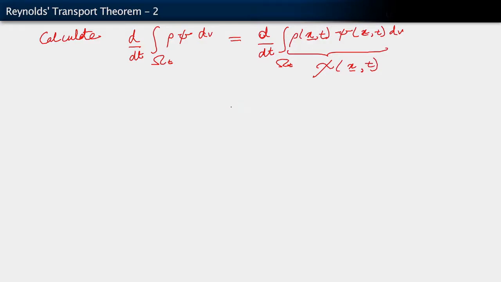What this tells us is that the quantity we want to calculate is just the integral over omega t of the partial time derivative of rho psi, and I'm suppressing arguments because otherwise this will get too big to write, plus the divergence of rho psi v.